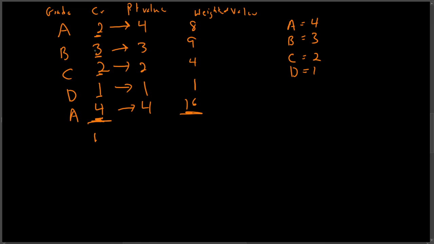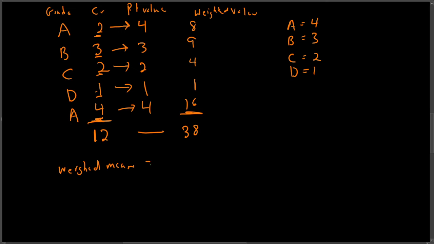Yep. 5, 7, 8, 12. So 12 credits were taken. And then in our weighted value, we add up here 17, 21, 22, 38. And so the GPA is going to be, so we'll call this a weighted mean.